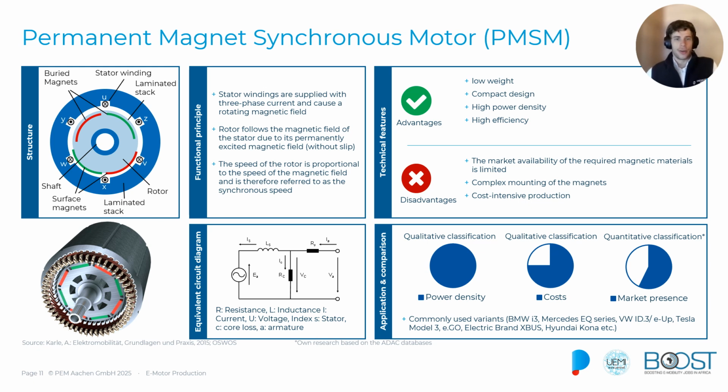Disadvantages are that the market availability of the required magnetic materials is limited, and that it has complex mounting steps for the magnets in the rotor. We will learn about that in module number 3. This all results in a cost-intensive production.